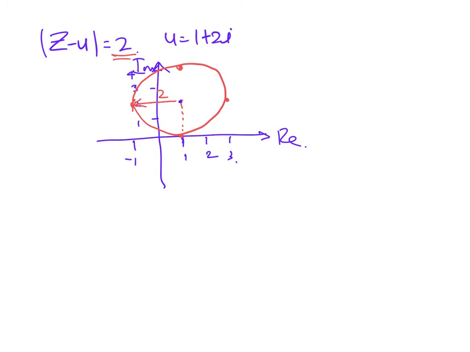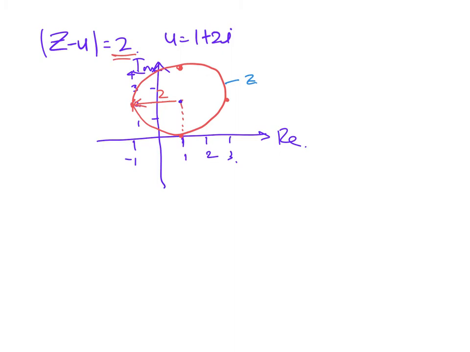Now that's done. Show on the same diagram the locus of complex number z such that modulus of z minus u equals 2. So that's the locus, and this is z, label that. And find the greatest value of arg z for points on this locus.